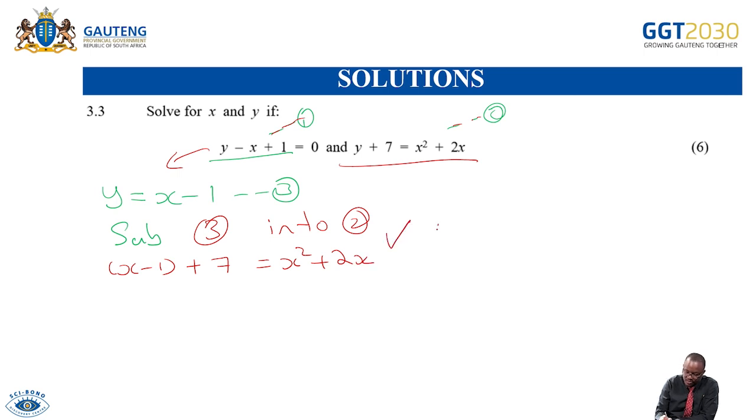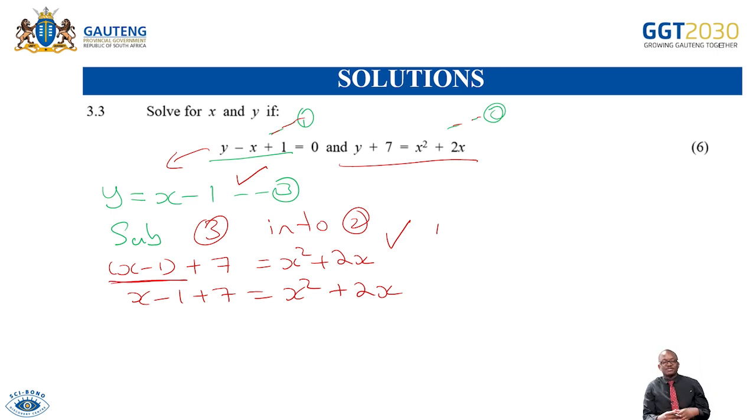Correct substitution, 1 mark. Making y the subject of the formula, 1 mark. Then we are having x minus 1 plus 7 is equal to x squared plus 2x. Remember, we just threw away the brackets because there is nothing multiplying those brackets, correct? It's actually a ghost 1 outside there. So now we are going to transpose everything from this side to that side.